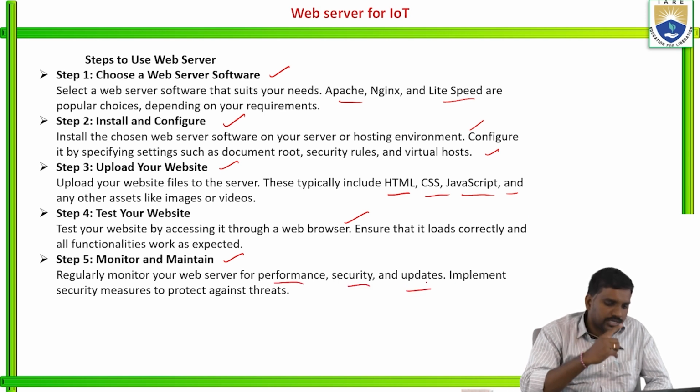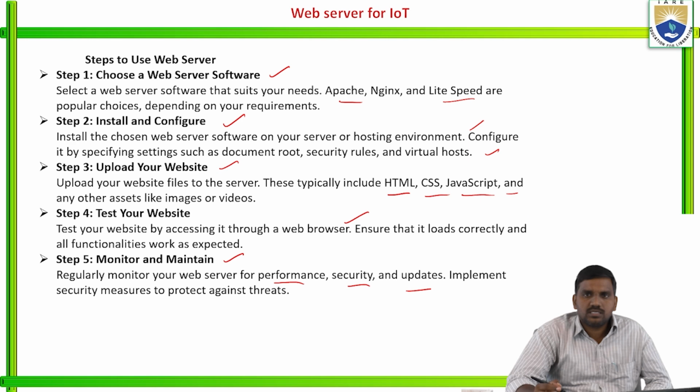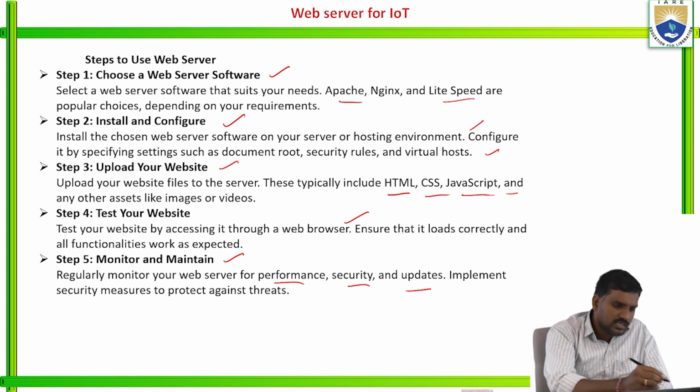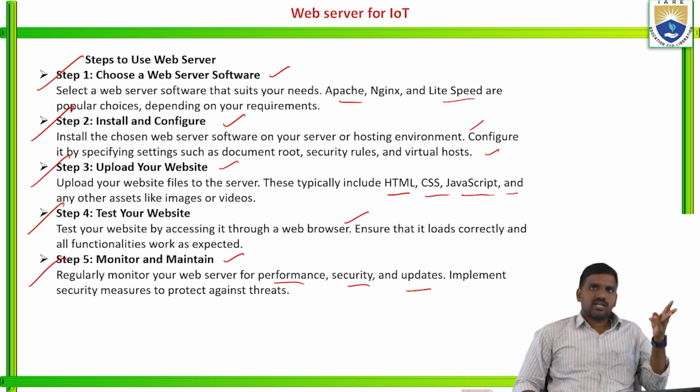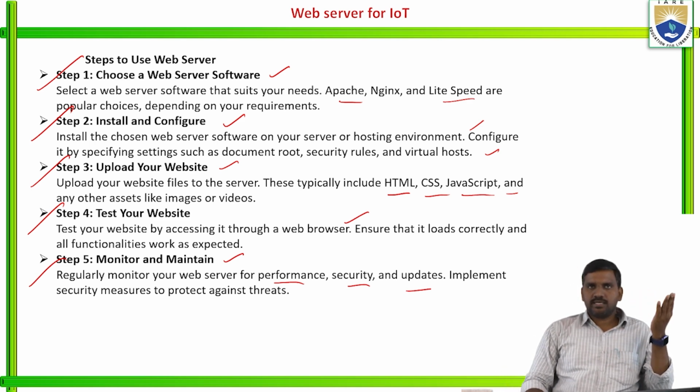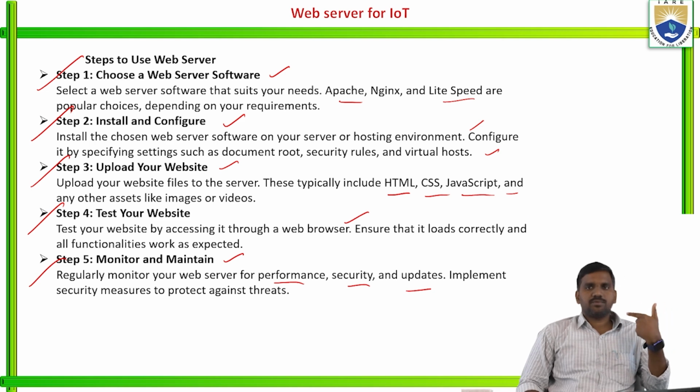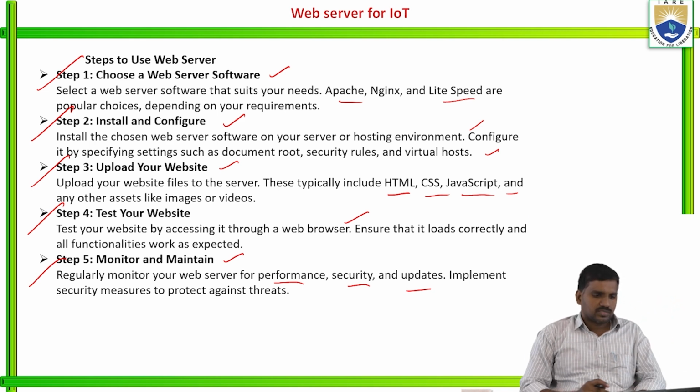Implement security measures to protect against threats or cyber attacks. So these are the 5 steps to use a web server. First, choose, install and configure, upload your web page, and test your website, then monitor and maintenance. So these are the 5 steps to use a web server.